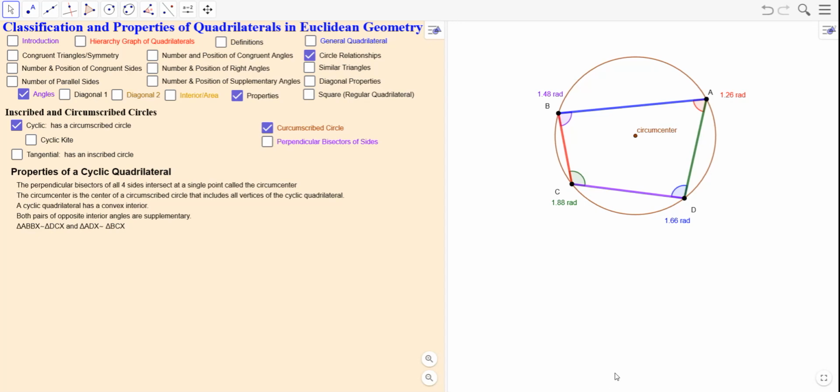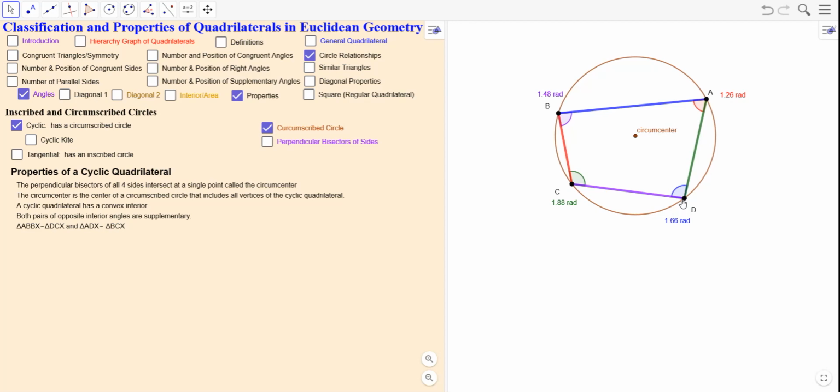What do you get? 3.14. Does that sound familiar? Yeah, that's pi. These are supplementary angles here and here. They add up to pi, or if we did degrees, they would add up to 180 degrees for both pairs.